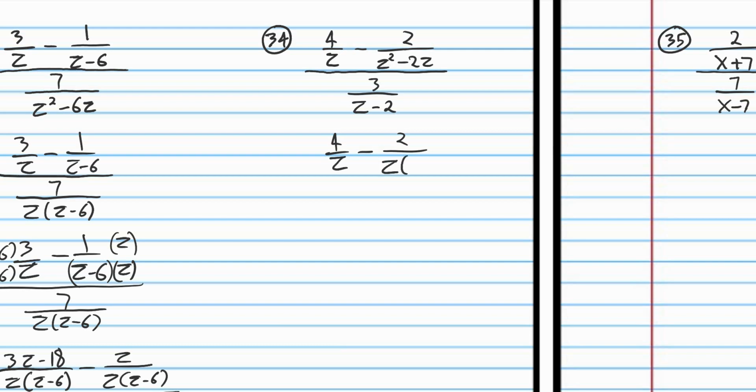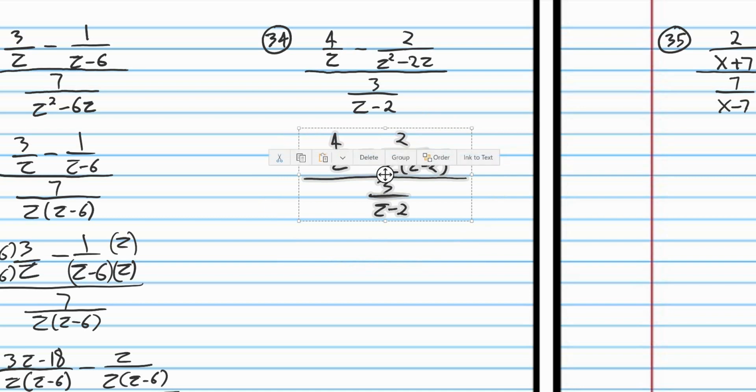And I guess we'll just go ahead and factor out. So now, all we have to do is multiply both sides of this fraction by z minus 2. So I'm going to copy this so I don't have to rewrite it.